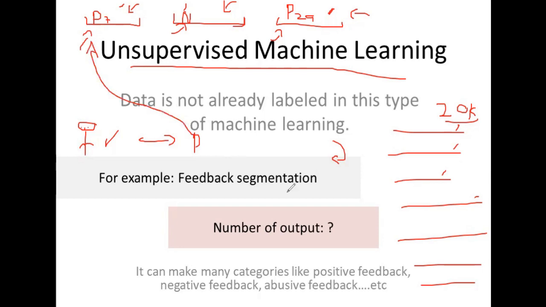This is what unsupervised machine learning looks like. The other major aspect is that we don't know the number of outputs. We don't know how many categories our model will make. It can make many categories like positive feedback, negative feedback, abusive feedback, etc., as we have discussed.